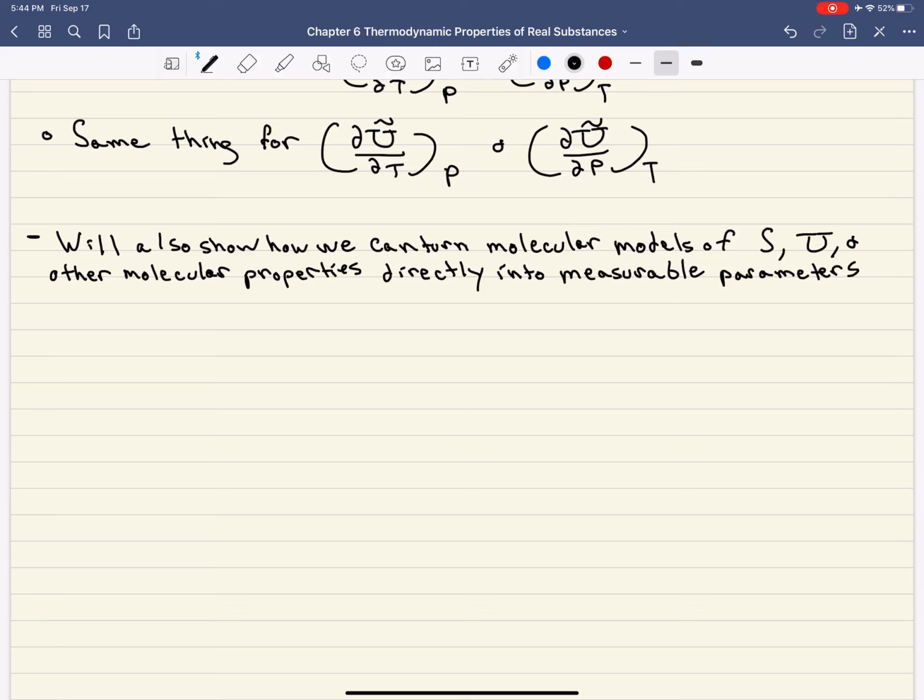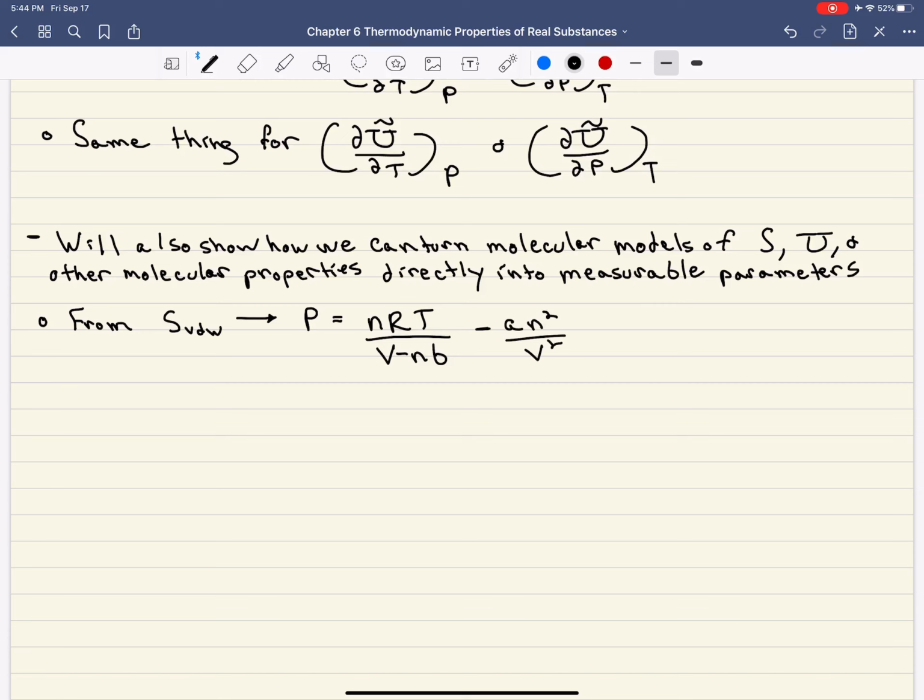On the flip side, one example of this is that entropy equation for the van der Waals gas that I showed earlier. What we're going to do is show you how you could just directly turn that into an equation where P is just equal to nRT over V minus nB, minus A n squared over V squared.